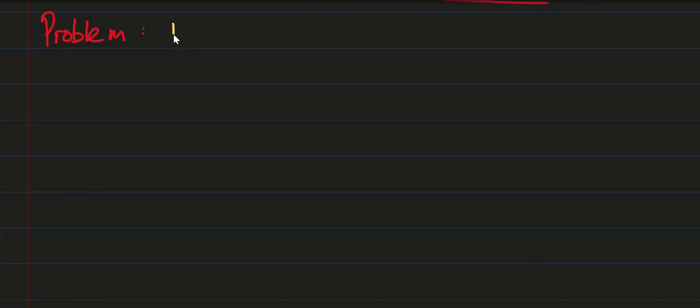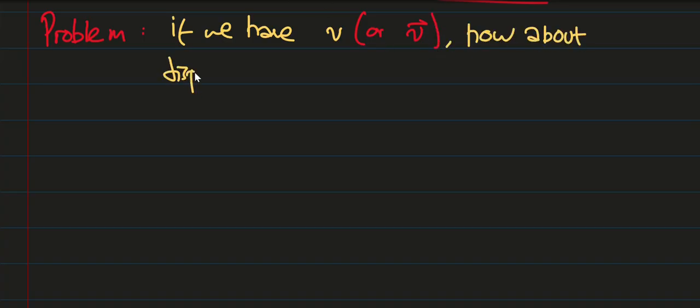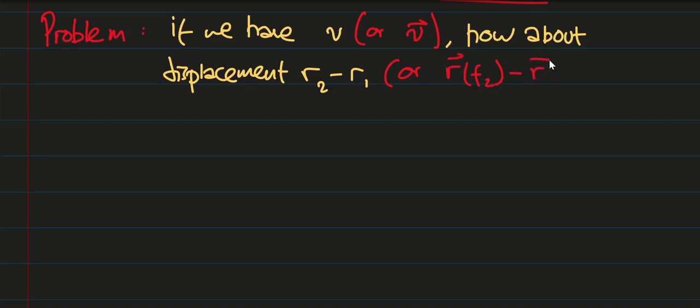Now, the problem is if we have v or vector v, how about displacement? r2 minus r1, or in its vector form, r(t2) minus r(t1).